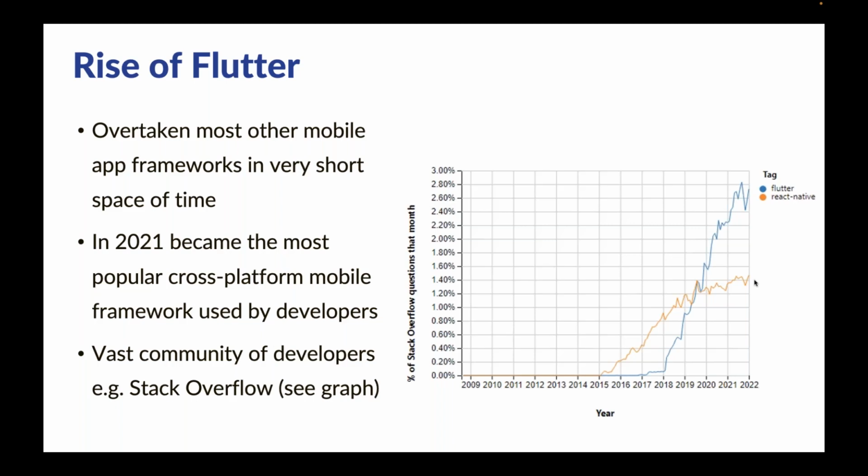What it is proof of is that a lot of people are talking about it and asking developer questions about it, which probably means they're using it at the same time. So unless it's particularly unreliable and lots of people have to ask questions to understand it, it's a good indication that it's on the rise in terms of usage.